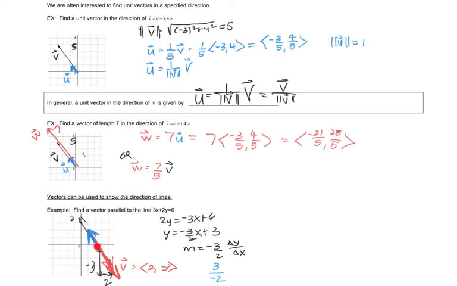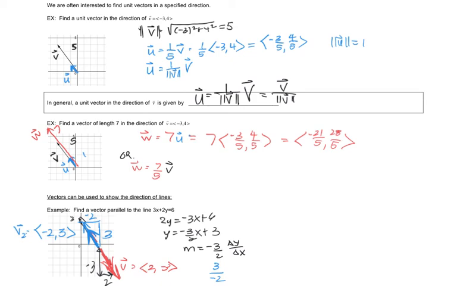So if I thought of this vector as going up 3 to the left 2, and I'm not drawing it to scale here, then that vector, I'll call it v2, would have an x component of negative 2 and a y component of 3. So either one of those would give me a vector parallel to that line. Now, if you notice the relationship between the two of them, they're just opposites of each other. Multiply this by -1, you get this.